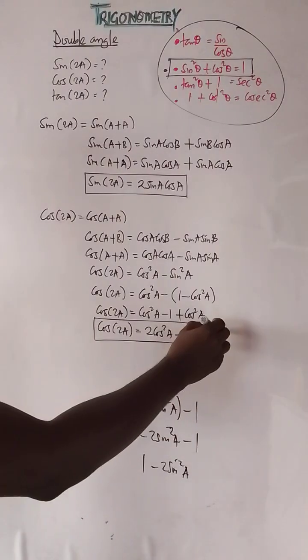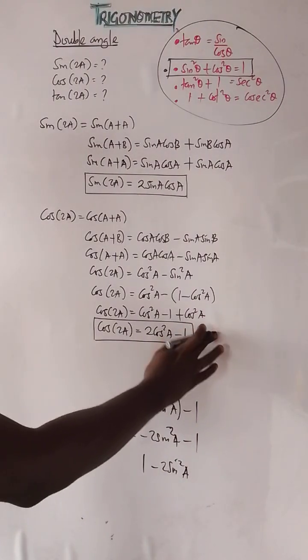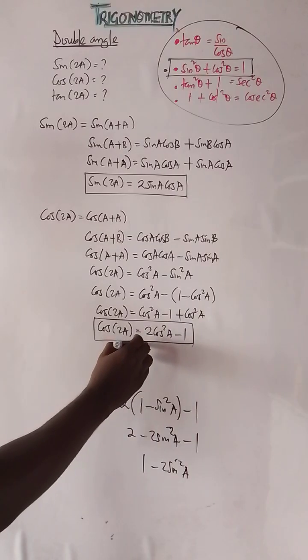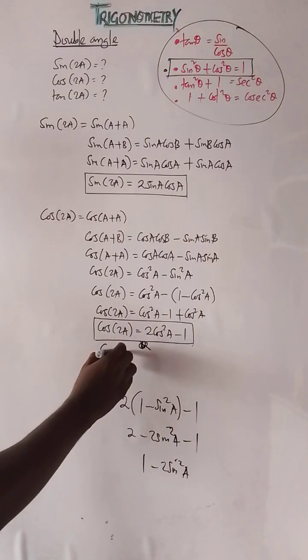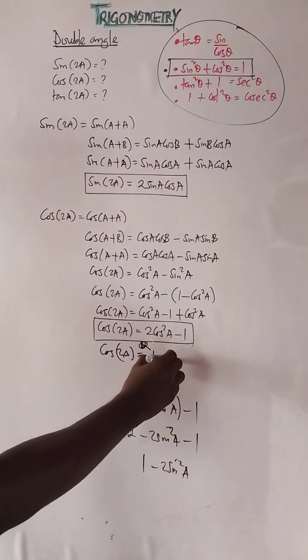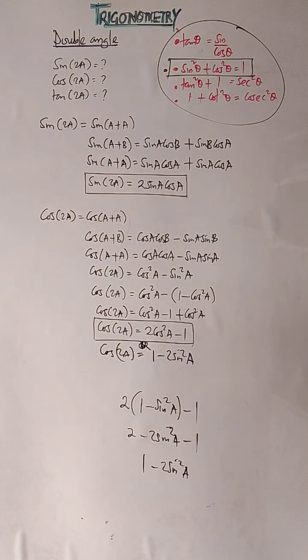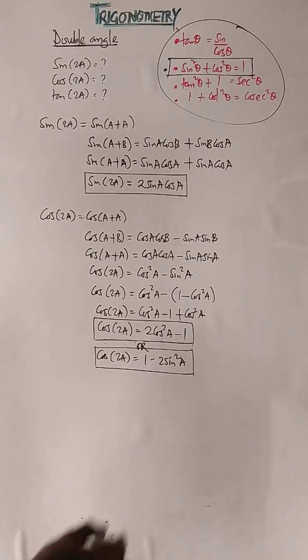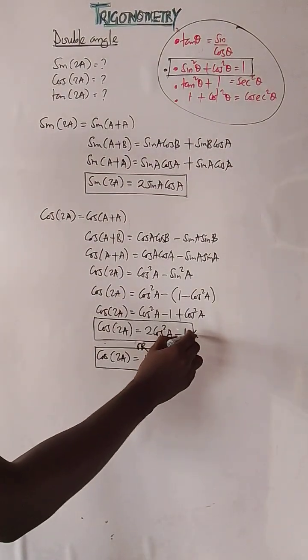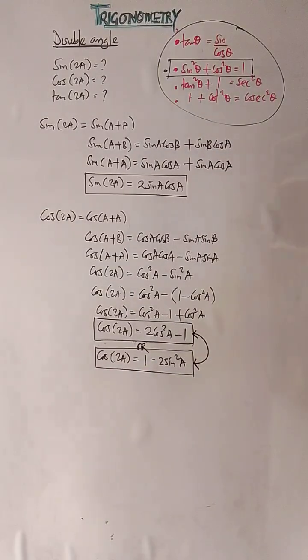So it means cos 2a can also be, let me write this below, cos 2a in terms of sine equals 1 minus 2 sine square a. So please, cos 2a can be expressed in terms of cos or in terms of sine. This is very important. It's going to be needed.